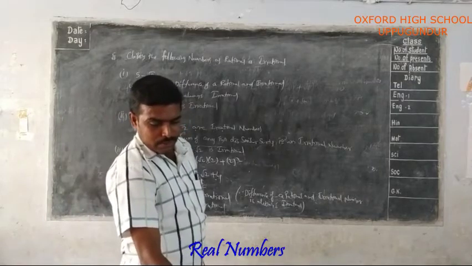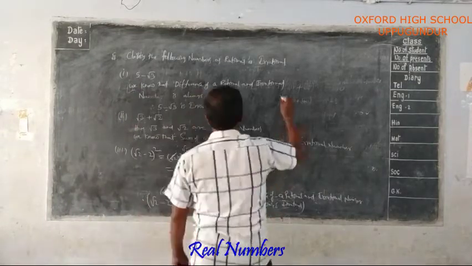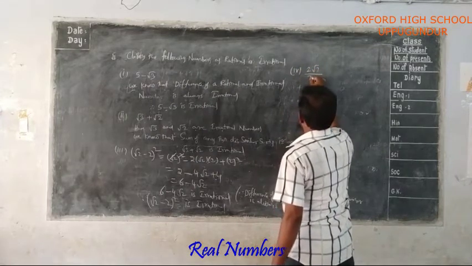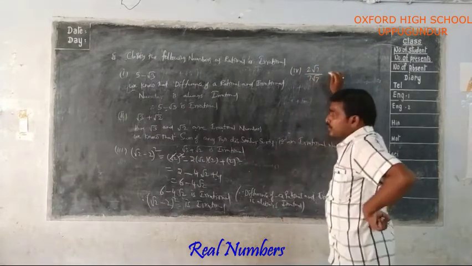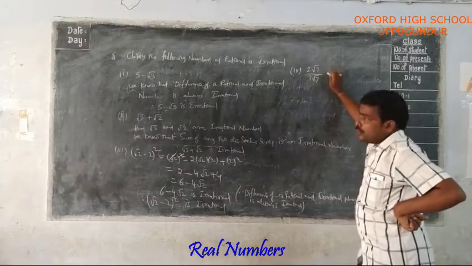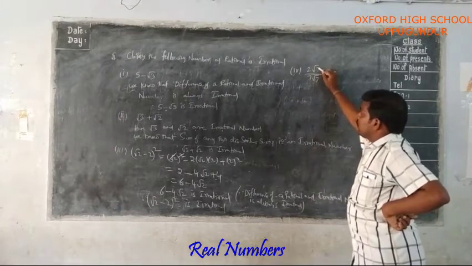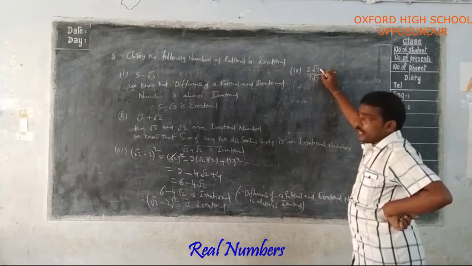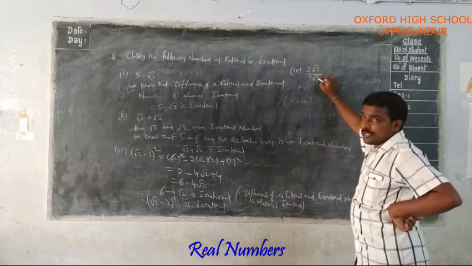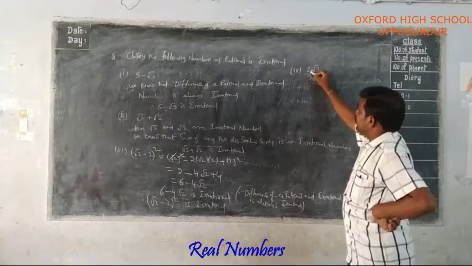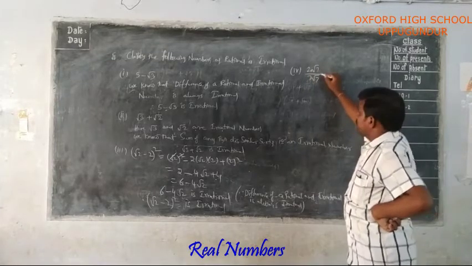Next, 2 root 7 by 7 root 7. Fourth one. So when you observe these two, in the numerator we are having root 7, and the denominator also has root 7. Both have a multiplication sign, so we can cancel these two.